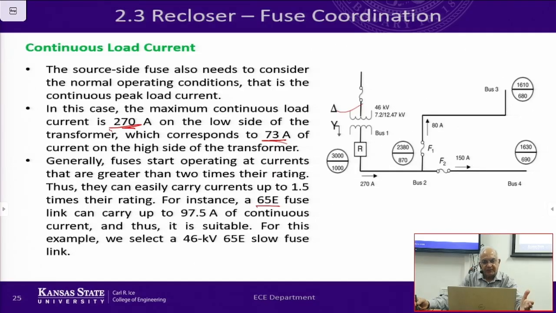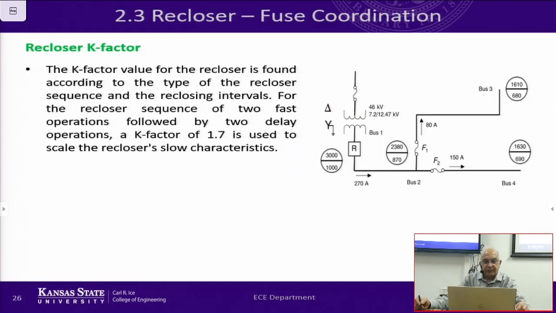So we use the same idea and we come up with this fuse because the 65E fuse will melt only at 130 amps, double that. So this is suitable for this location. So we pick that, and as far as the recloser is concerned, we have to multiply.